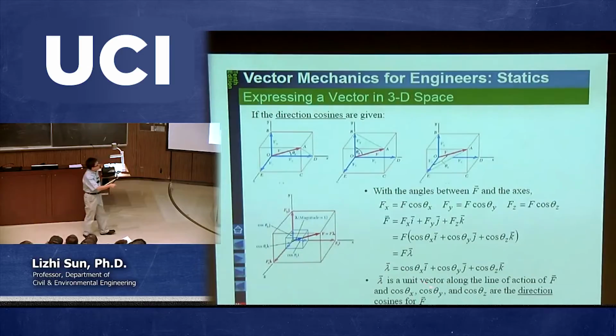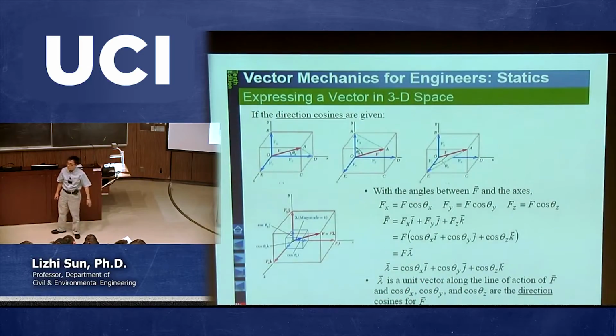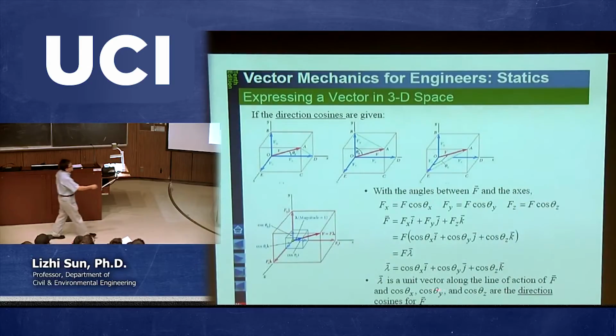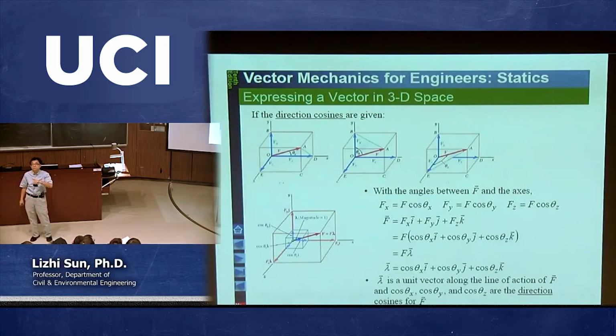In other words, they determine the direction of the force. So again, if we ask you to calculate a three-dimensional force vector, do you need to calculate the magnitude and direction or not? If we do not ask you, you don't have to. If we ask you to calculate the magnitude and the direction of the three-dimensional force, then obviously you do need to calculate those 3 angles. And that's the only way to describe the three-dimensional force direction.